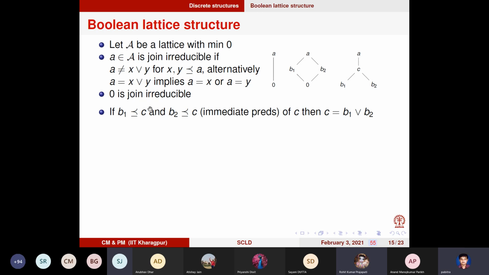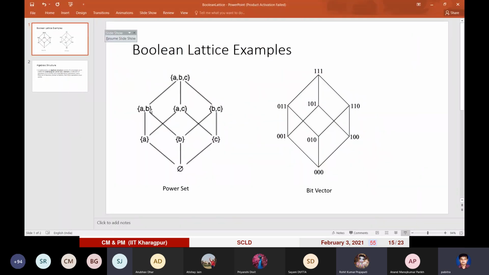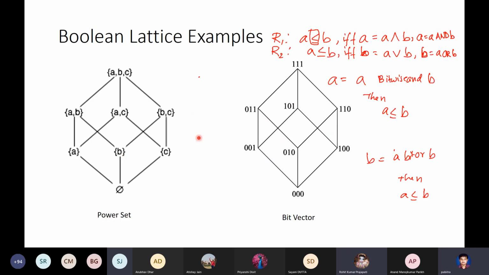Okay, let us come to this structure. In the first lattice, the power set lattice, can you tell what are the irreducible elements? The four lower half elements: the null, A, B, and C. Are these the irreducible elements?